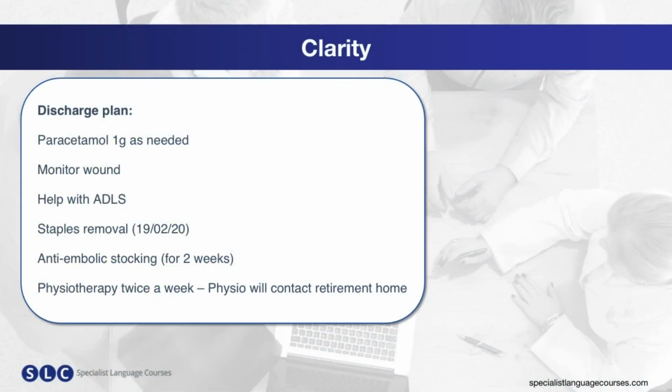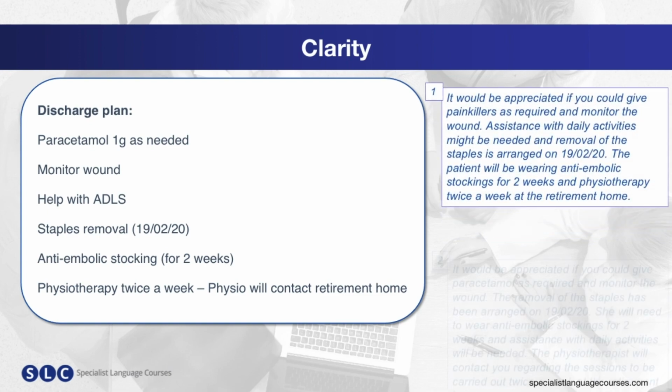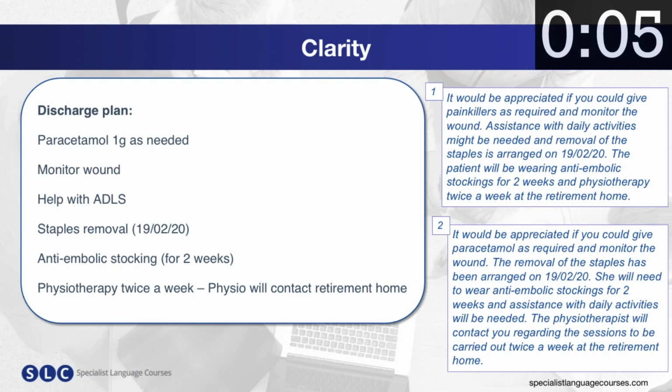The final descriptor in this criterion is clarity, which simply means that the information you include must be expressed clearly and easy to follow by the reader. Take a look at this extract from some case notes. Now read these two paragraphs, requesting and informing the reader. Which paragraph do you think is clearer and easier to follow, and why?